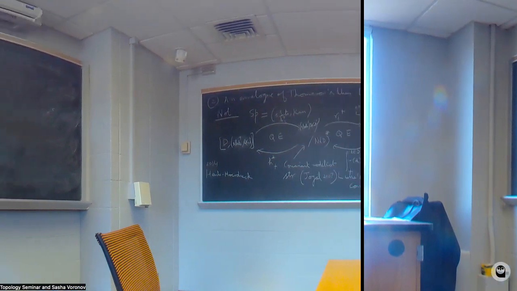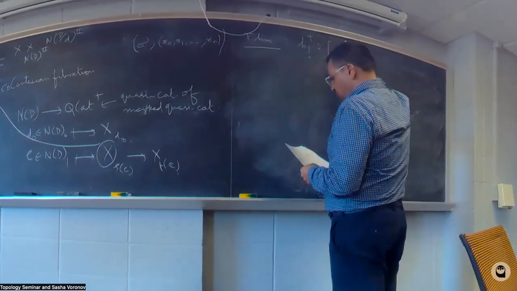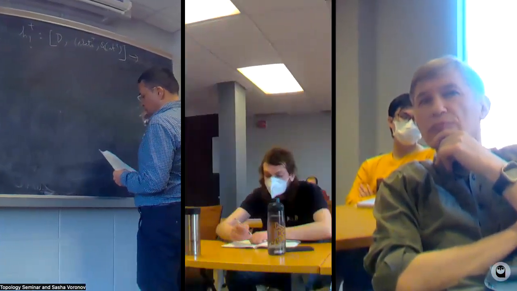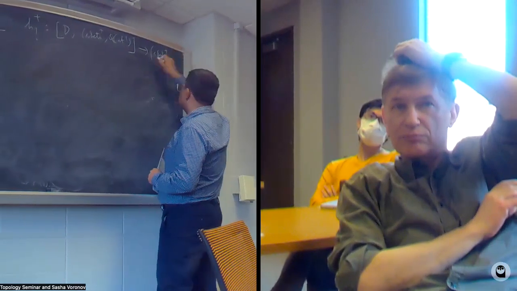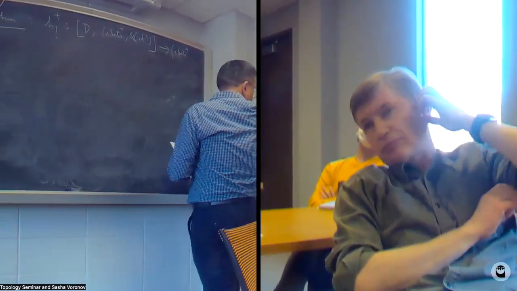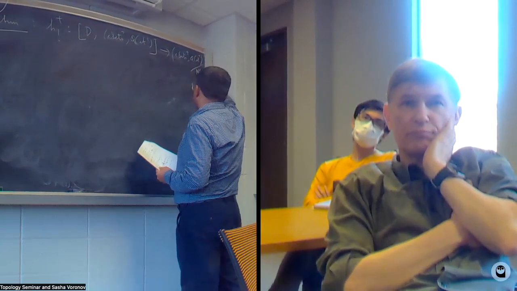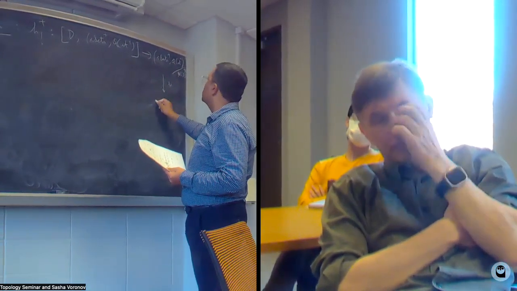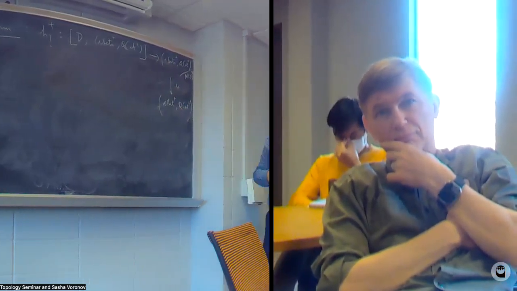Here's the first thing. Functor. B. And then I have the forgetful functor that goes to this, which just forgets the base.